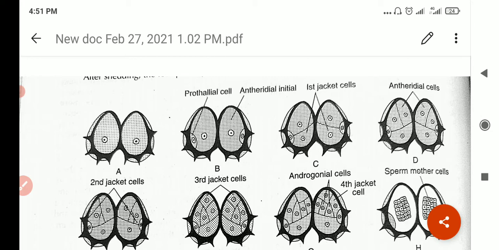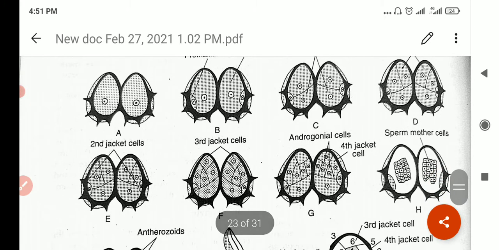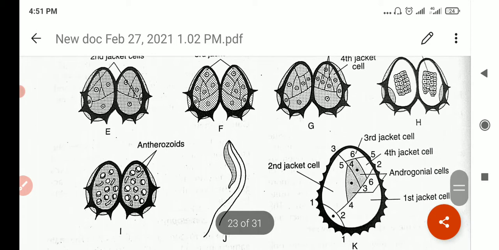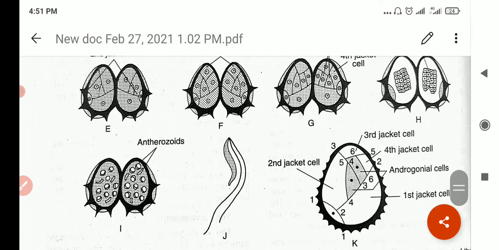Then again they divide and we get more jacket cells, a third layer, a fourth layer of jacket cells, and then some androgonial cells, and at last some sperm mother cells, which will give rise to the sperms or antherozoids. Altogether, there are 4 layers of jacket cells.